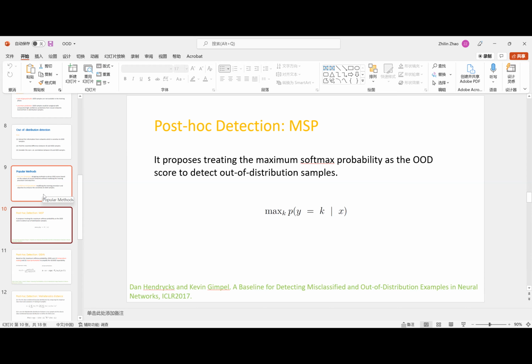The basic assumption is that your network will provide very high confidence predictions for the in-distribution samples, and low confidence predictions for the out-of-distribution samples. Based on this assumption, this method uses the softmax probability as the OD score to distinguish the two kinds of samples.